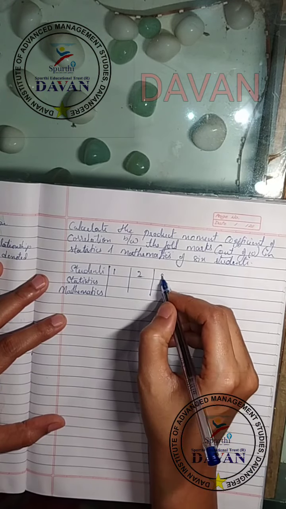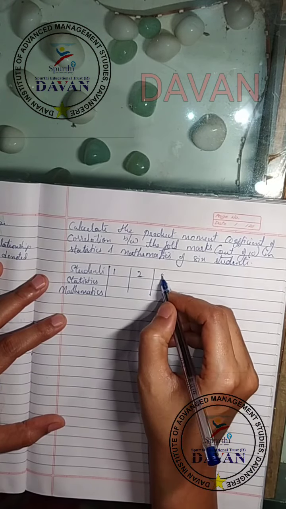So we frame a table for this. For statistics I take it as x, and for mathematics I take it as y. All these values I write it down. This is x and this is y.